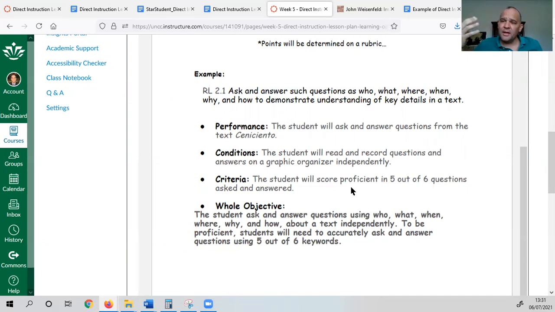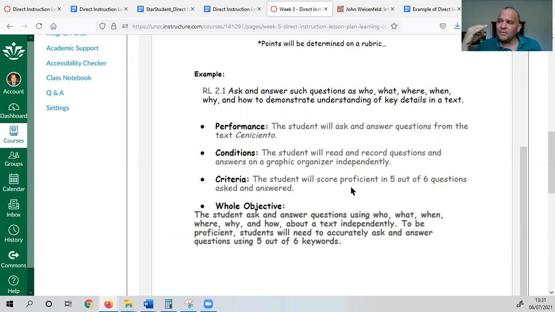To be able to know that they have been able to do this, you will be looking as the teacher to see if they were able to, for example, score 5 out of the 6 questions asked on their graphic organizer. So objectives are made up of these 3 components, right?